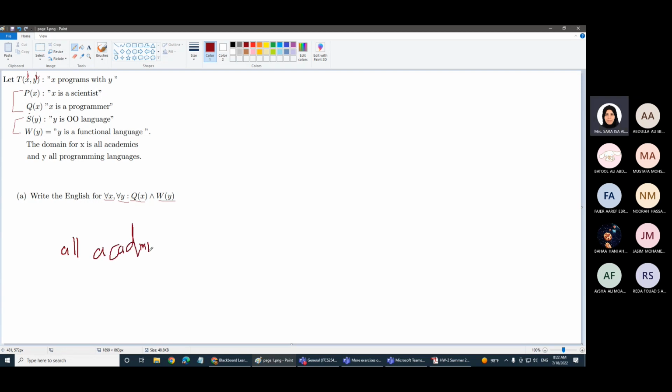All academics are Q(x), and Q(x) means programmers. I finish the first part, and I put an and. Then I express W(y). Y is related to languages, so I say all languages, because the domain of Y is languages.